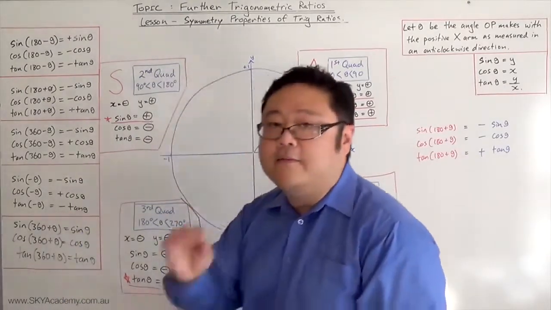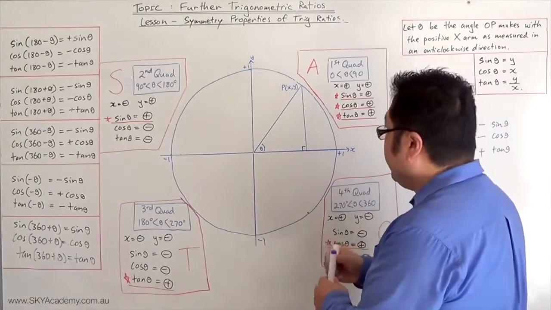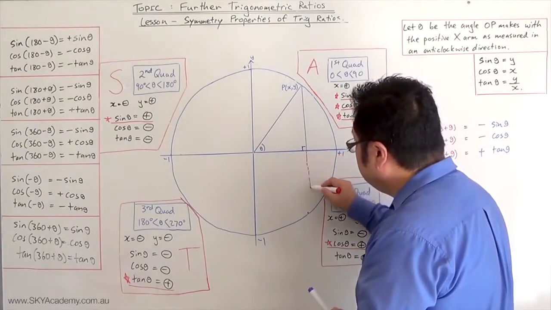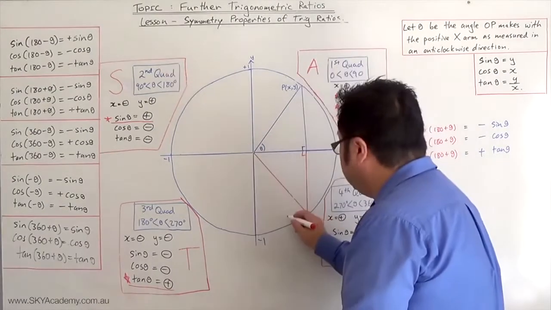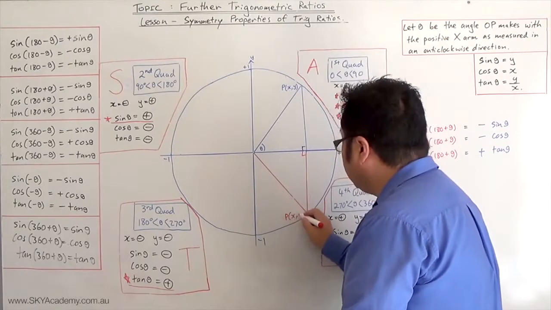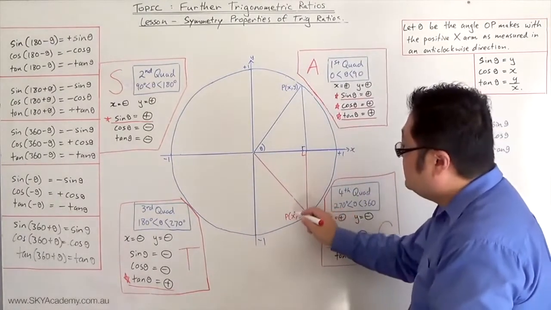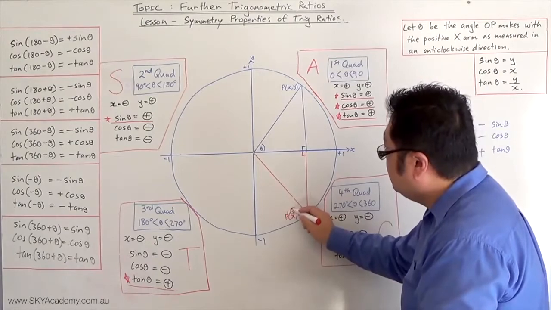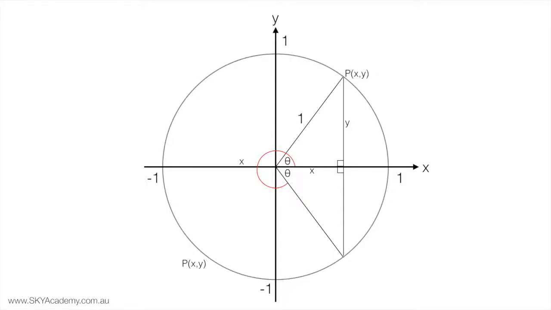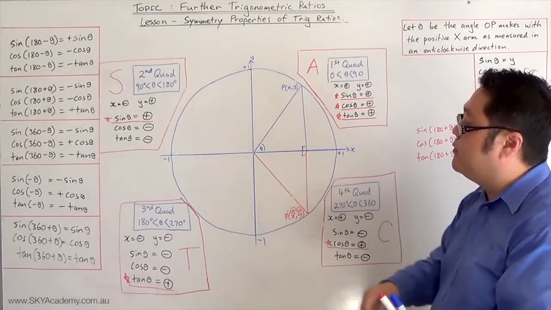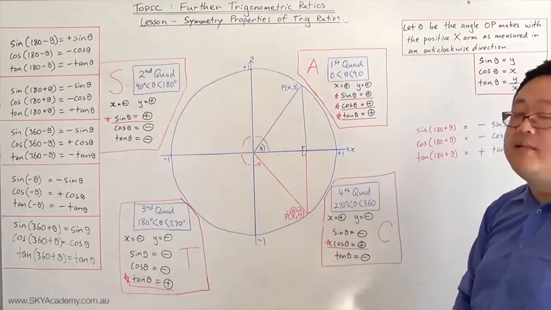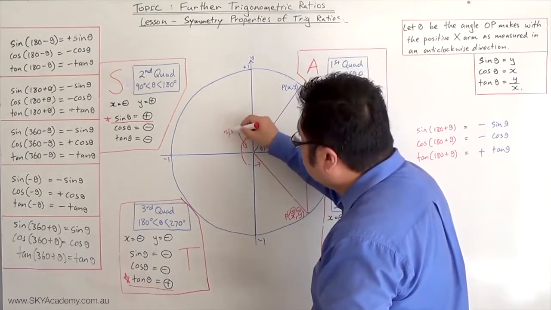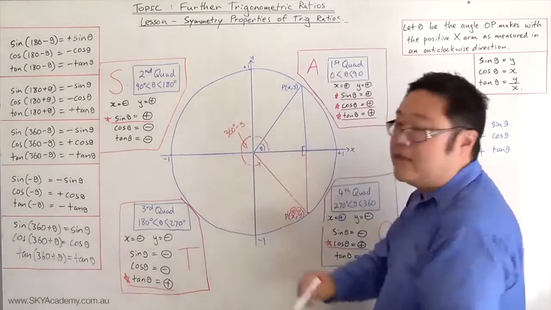We're going to do the same thing with the fourth quadrant this time. In the fourth quadrant, X is going to be positive and Y is going to be negative, so the point P is X dash, Y dash. The angle here is actually going to be this angle there, which is 360 degrees minus theta.